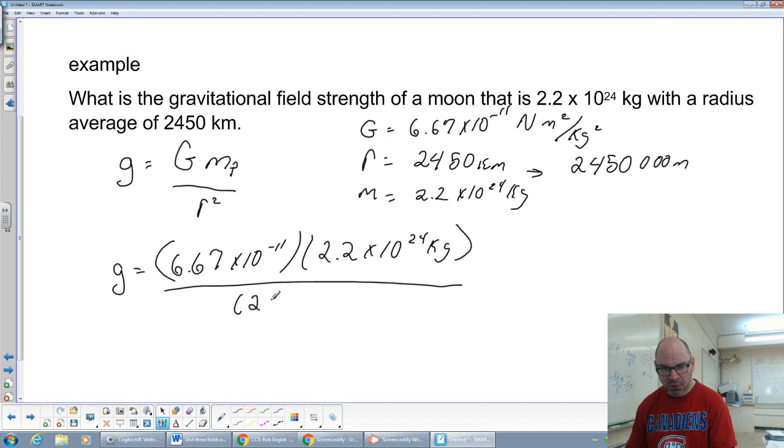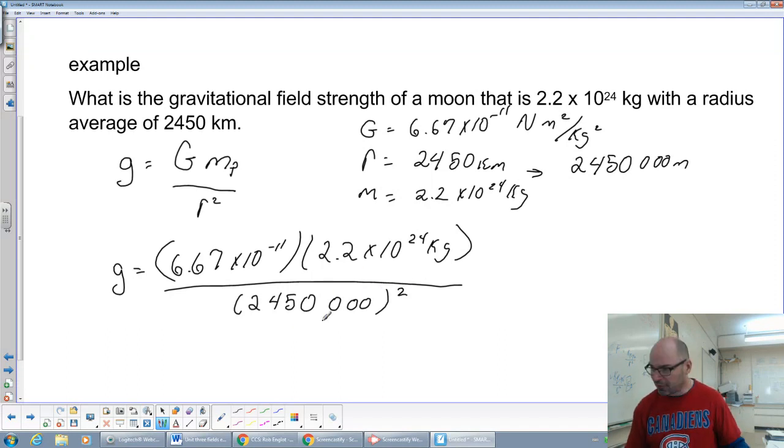So this is 2,450,000. That's a pretty big planet, actually. I should have said that was the diameter, maybe, but whatever, that'll be fine. Squared. Almost didn't square it there.